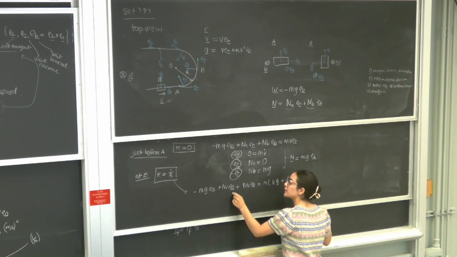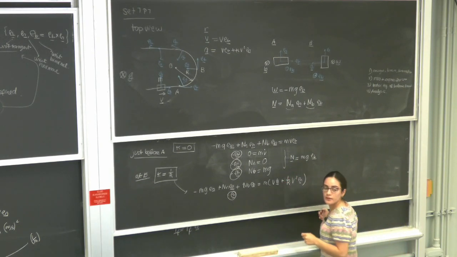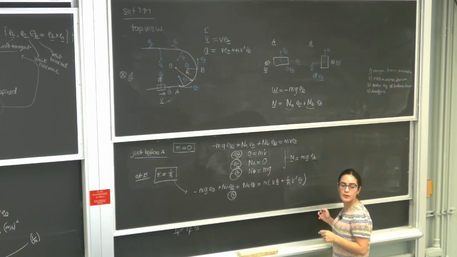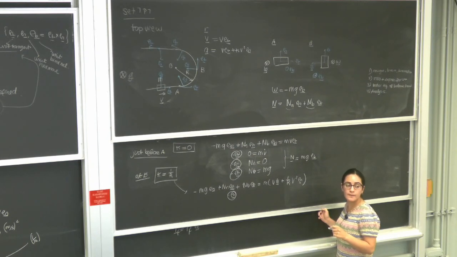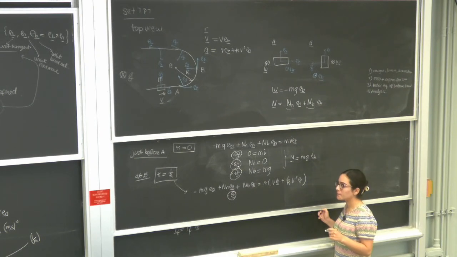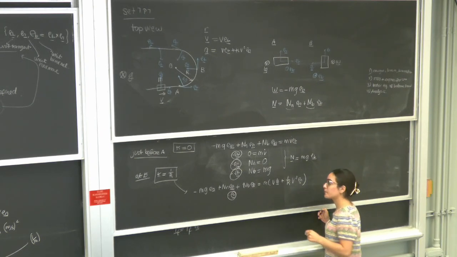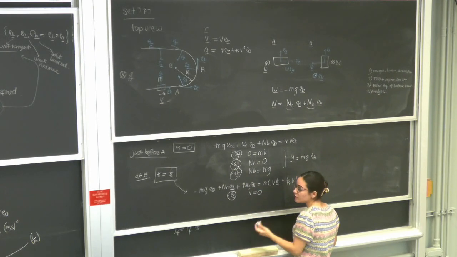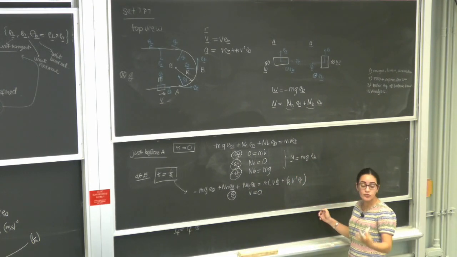If I dot with e_t, what will I get? v dot is equal to 0. So also the speed is not changing. That's true throughout the motion.